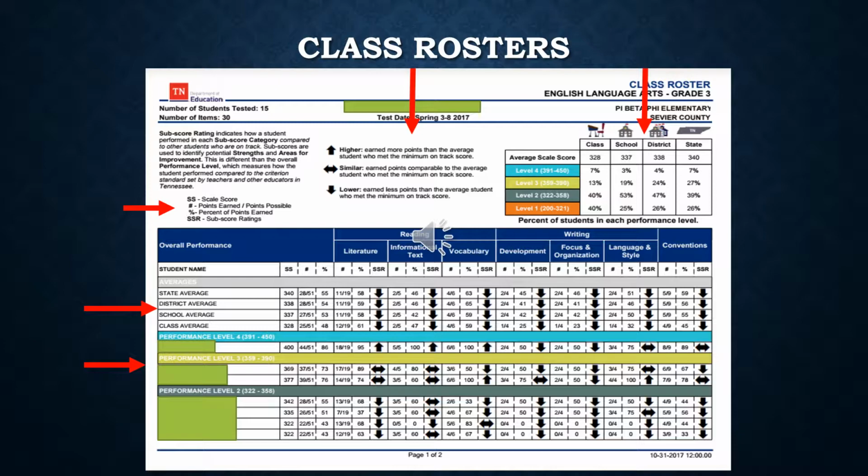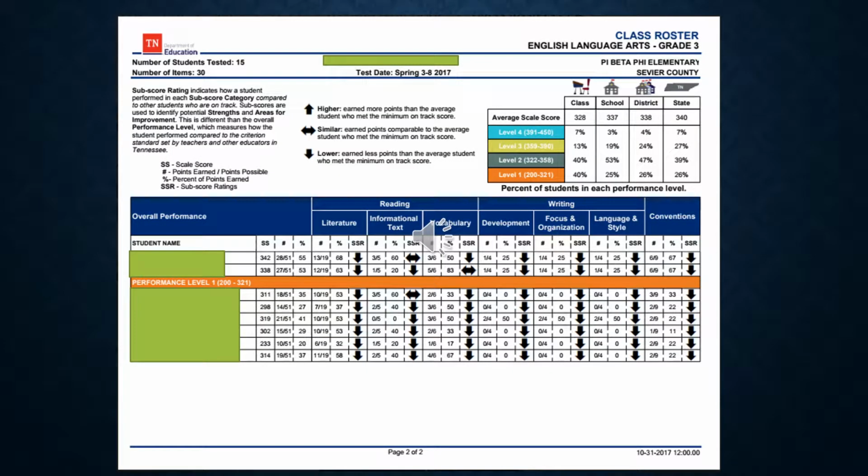TN Ready test. This is the second page and continues the approaching list at the top and the below grade level list at the bottom. As you examine this class roster, notice that the lowest group did much better in reading than they did in writing.